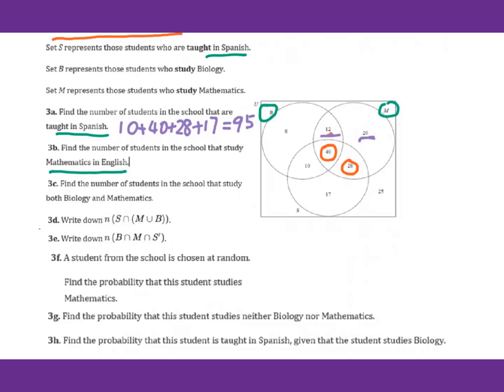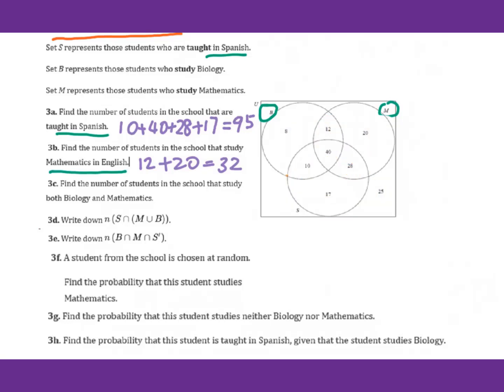Therefore, you will do 12 plus 20 equals 32. In other words, in this Spanish set circle, all the numbers in each section mean they study subjects in Spanish. Outside this circle, these numbers mean they are studying subjects in English.